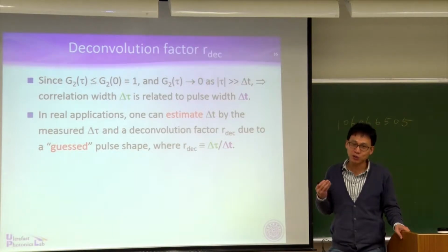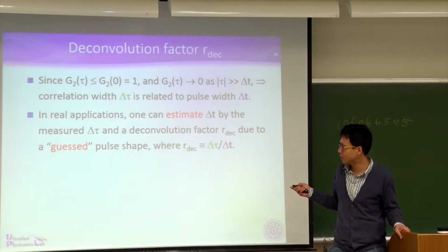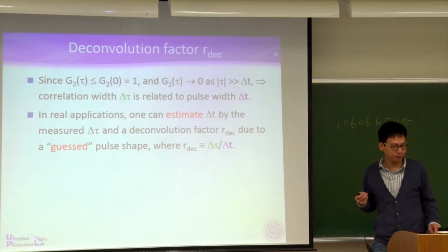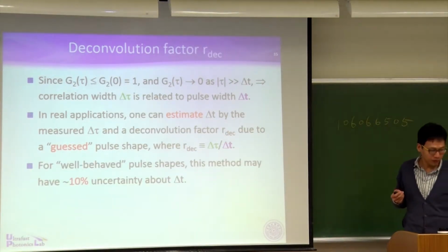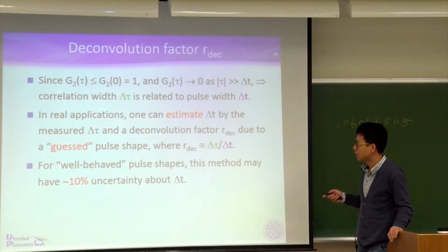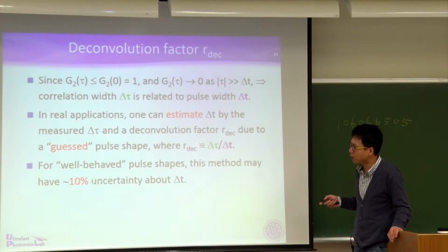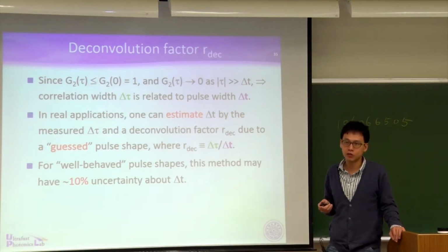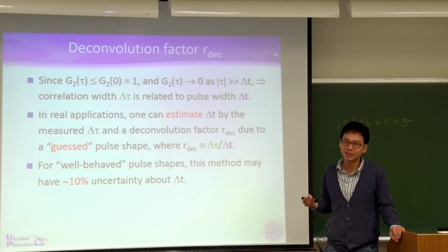Your assumption might be wrong, and your estimated pulse duration could be different from the reality. So there is a certain uncertainty there. But for well-behaved pulse shapes, this method may have about 10% uncertainty in the estimated pulse duration, which is quite okay in early days. 10% uncertainty is okay at that time.